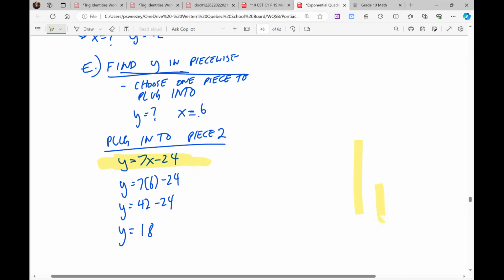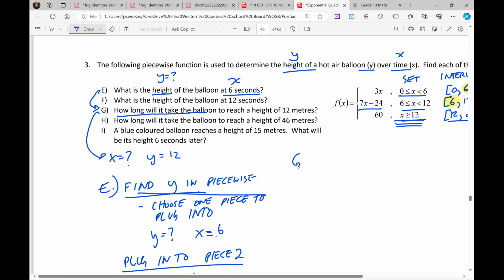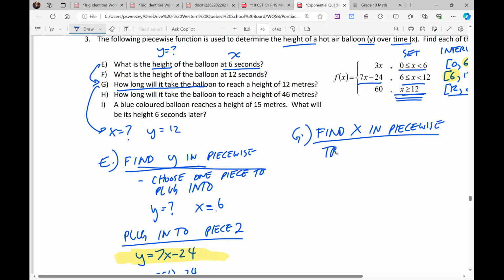Whereas now let's skip down and take a look at what we have to do when we have G here. How long will it take the balloon to reach a height of 12 meters? So for G, find X in piecewise. So this is the other example. Instead of choosing, what I want you to do is trial and error, and you have to use all pieces, which is kind of annoying.